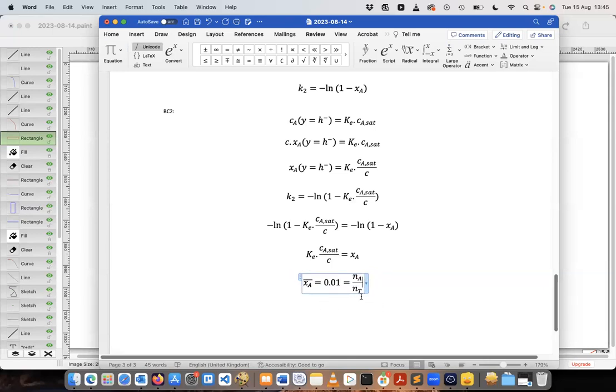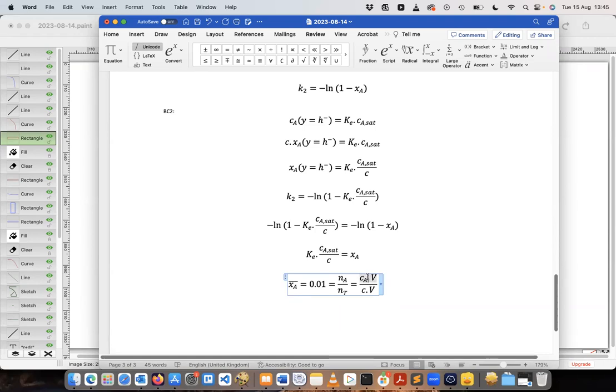That includes the concrete, the silica, the ceramic, whatever constitutes that concrete. And we can recognize that Na is in effect the concentration Ca times the volume, and similarly, Nt is going to be the total concentration C times the volume. So it looks like that.